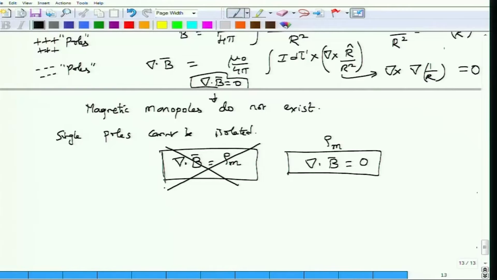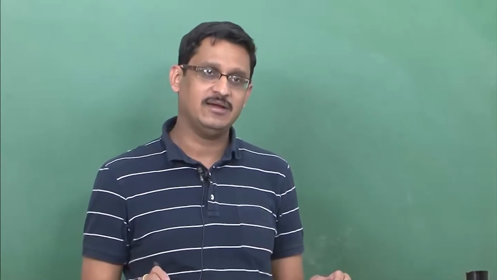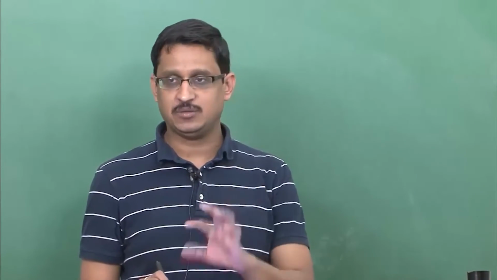So for us del dot B equal to 0 will always be true, and many experiments have been conducted to try and isolate magnetic charges or find magnetic monopoles, and so far there has been no positive result in finding such a magnetic monopole.